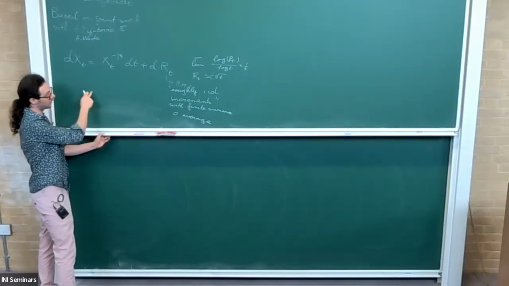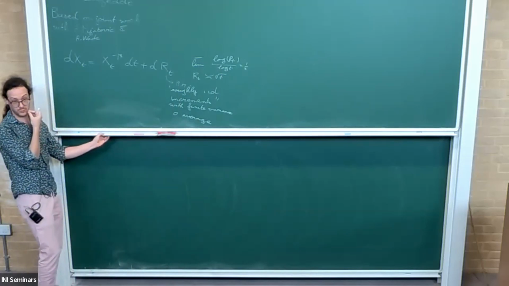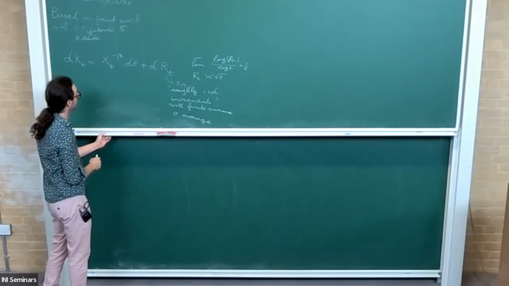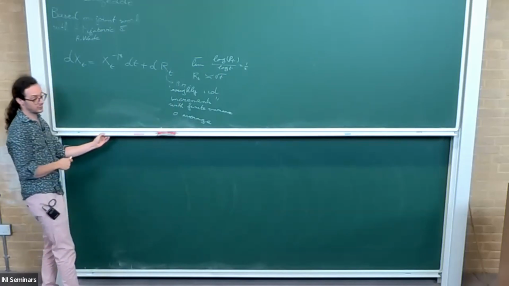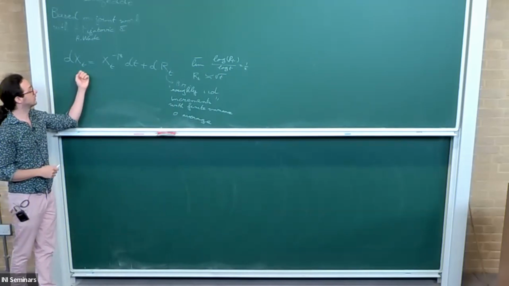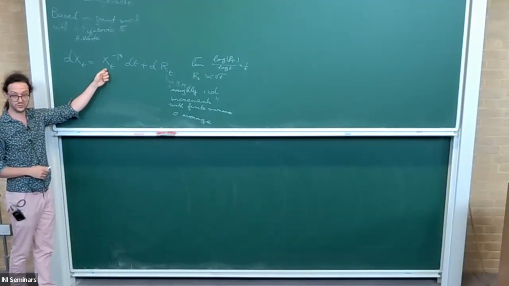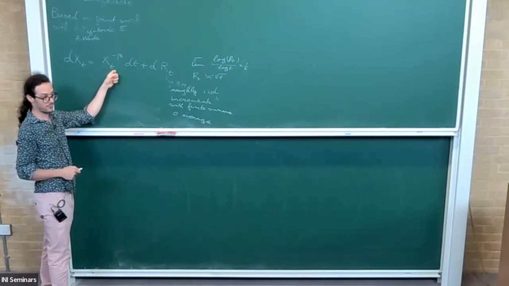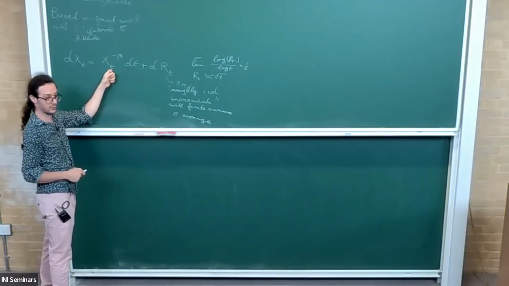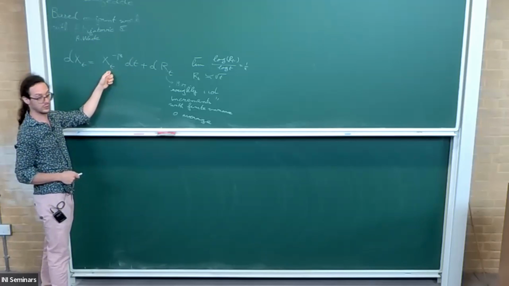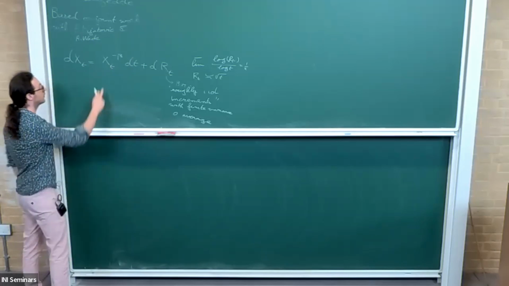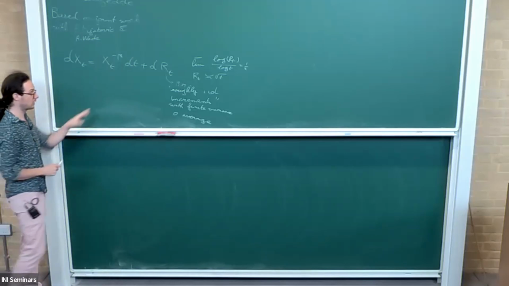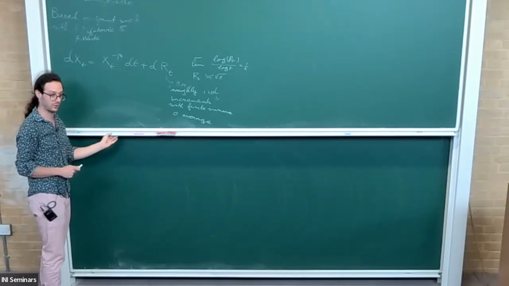Essentially, our goal is to study the behavior of this equation as t is large. We are mostly going to consider a situation where it will turn out that Xt goes toward plus infinity. So I do not really want to mind too much about what's happening when Xt is close to 0. Here you can see that as Xt goes to 0, you might have a blow up, so you need something that regularizes it. You want to think that you do not have a blow-up as Xt goes to 0.